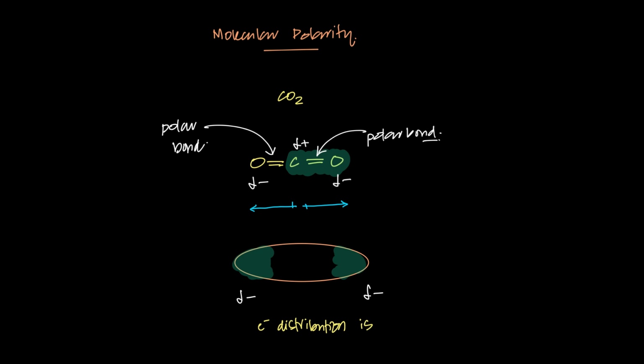For the overall molecule, the electron distribution is symmetrical. What that means is one end of the molecule is exactly the same as the other end. And because it's symmetrical, we say it is non-polar. Basically, because it's symmetrical, we say its dipoles cancel out, which means that there is no difference in electron distribution between the two ends.